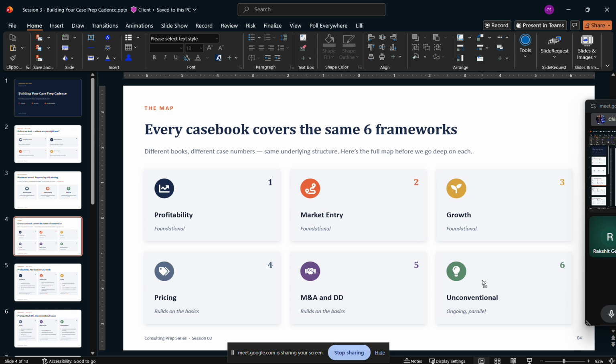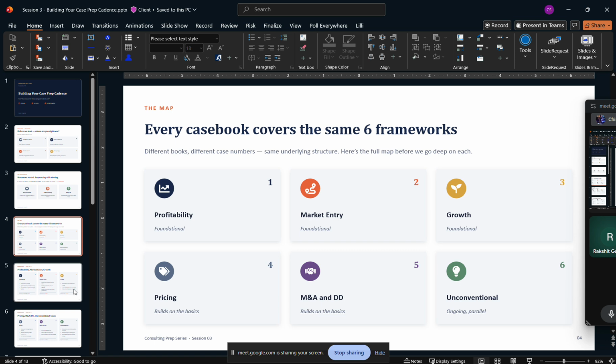Almost everybody will try unconventional. Numbers three, four, and five vary depending upon the kind of role you apply for and whether it's an undergrad position or a postgrad position. I'll take a quick pause here. We'll try and get into more depth on each one of them, but at this point, any reactions, any questions? If not, then I'll move to the next page.